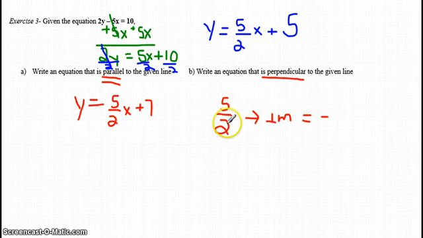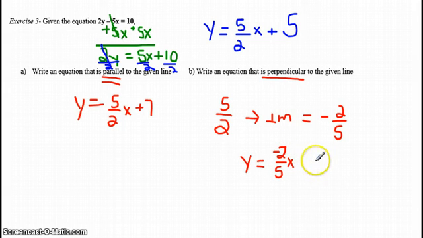Reciprocal, the 2 and the 5 switch places. The 2 is now in the numerator and the 5 is in the denominator. So the equation of this line could be y equals negative 2 over 5x. And again, my y-intercept could be any number, plus 4, I'll say.